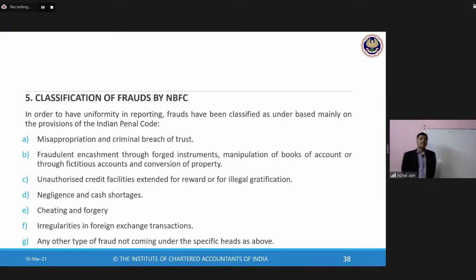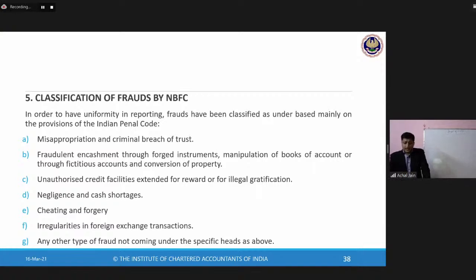I would say another very important area in relation to NBFCs. In order to have uniformity in reporting, frauds have been classified as under, based mainly on the provisions of the Indian Penal Code.